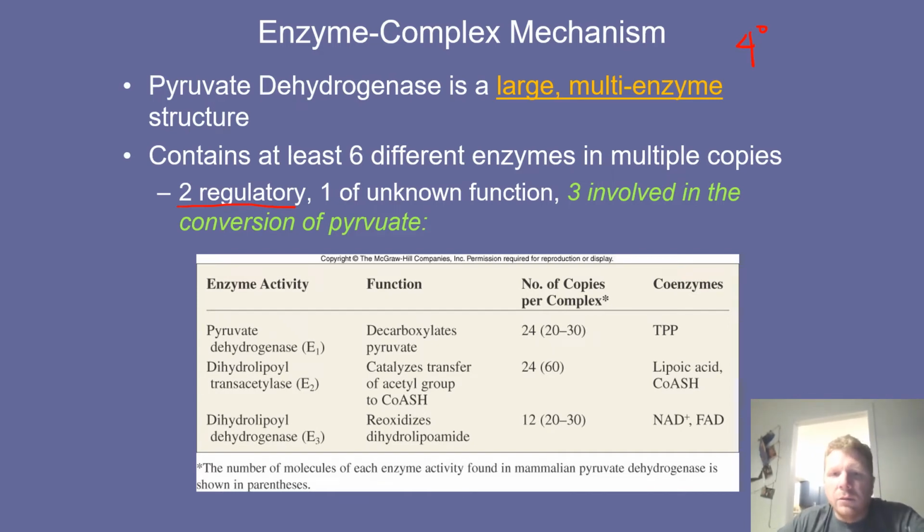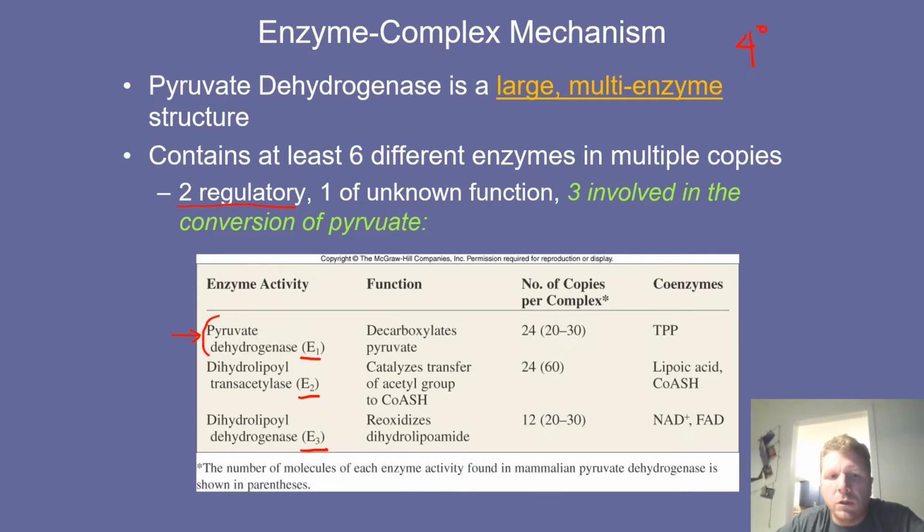Now, these enzymes have awesome names: E1, E2, and E3. E1 is your pyruvate dehydrogenase, E2 is known as dihydrolipoyl transacetylase, and E3 is dihydrolipoyl dehydrogenase. The function of these enzymes.